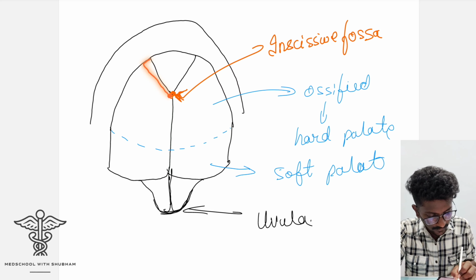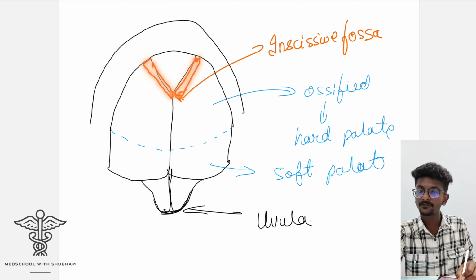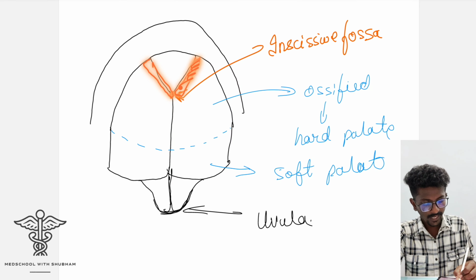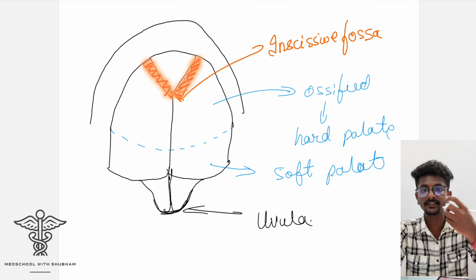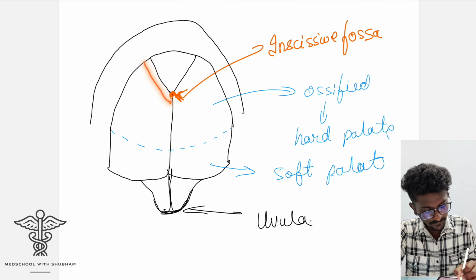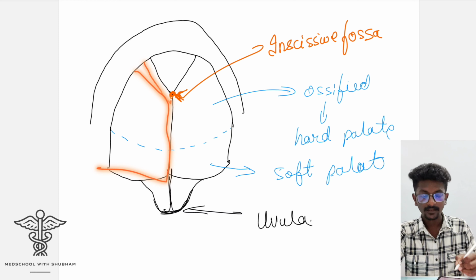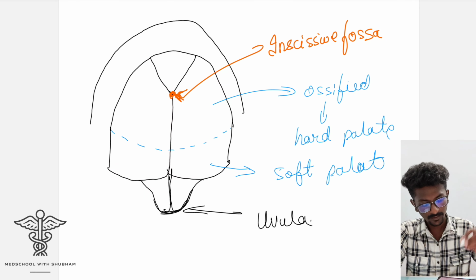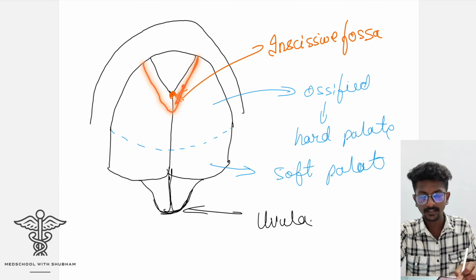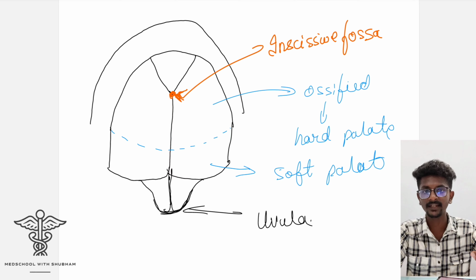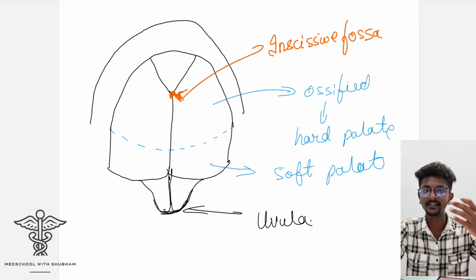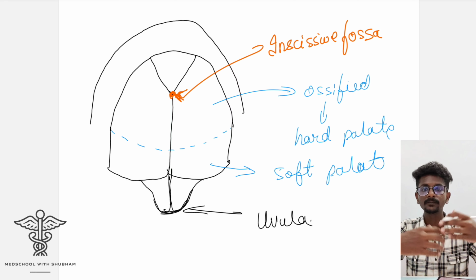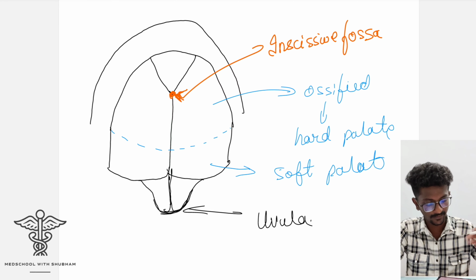In this region, if it doesn't get fused, then it will form the anterior cleft palate because it is in the anterior side. If it takes place in one side, then it is the ipsilateral anterior cleft palate. If it takes place in both sides, then bilateral anterior cleft palate.